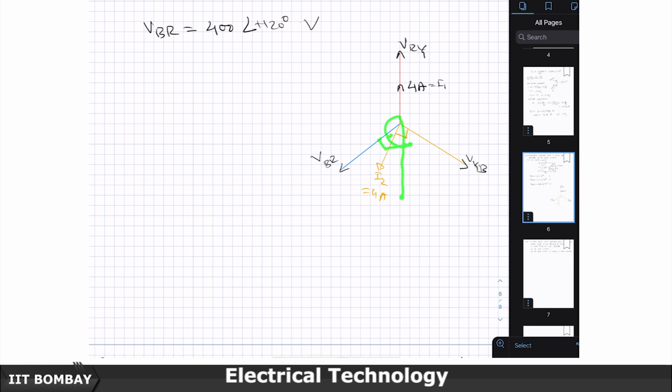If I draw this vertical line at 180 degrees, then I will get 30 degrees coming here, which means this current is again 4 amperes.